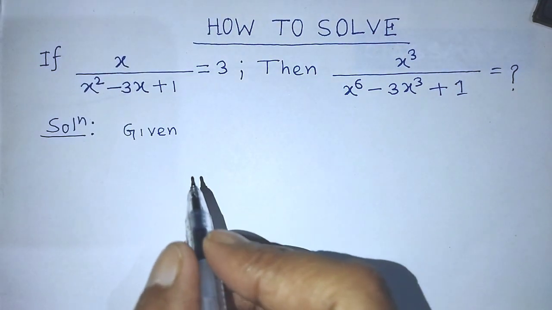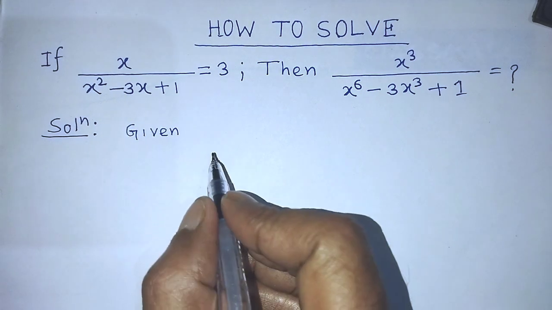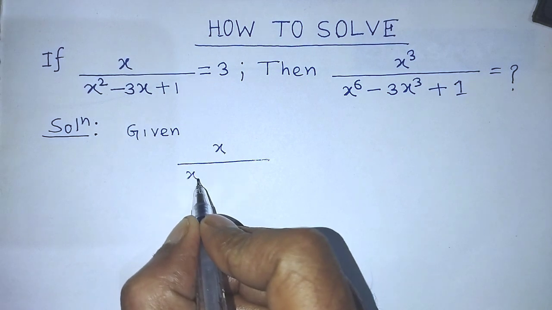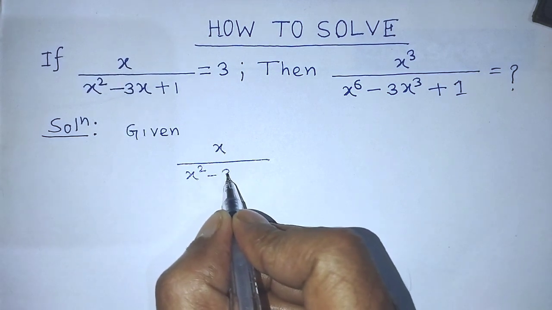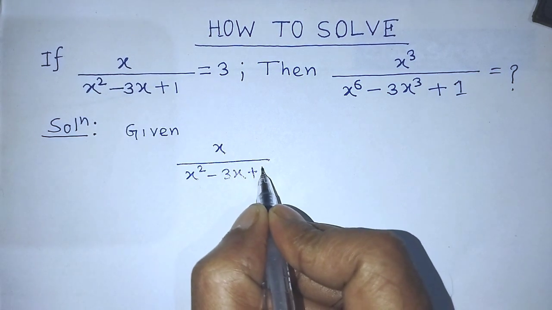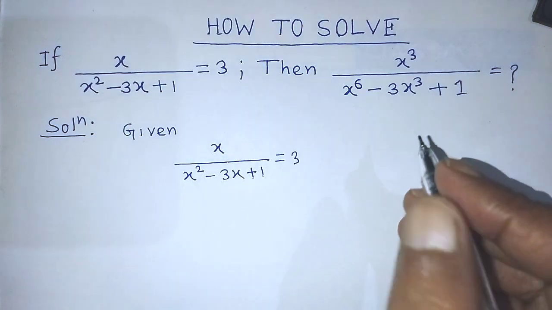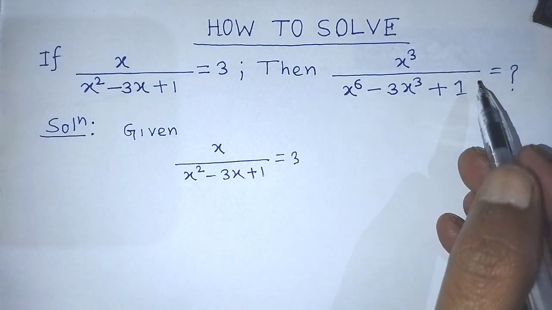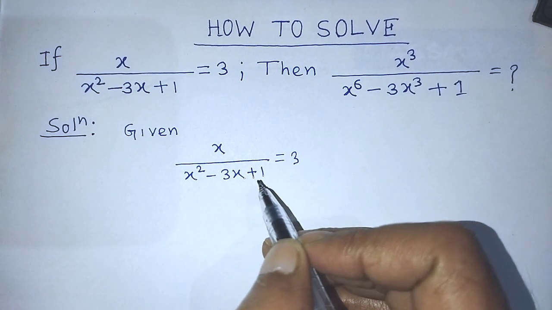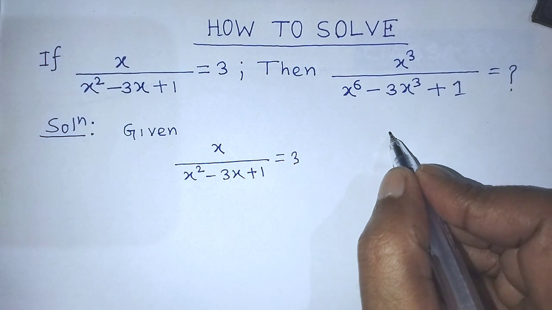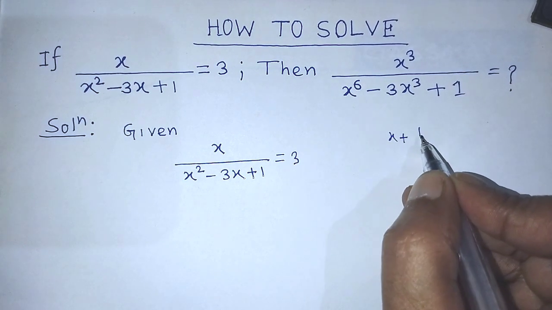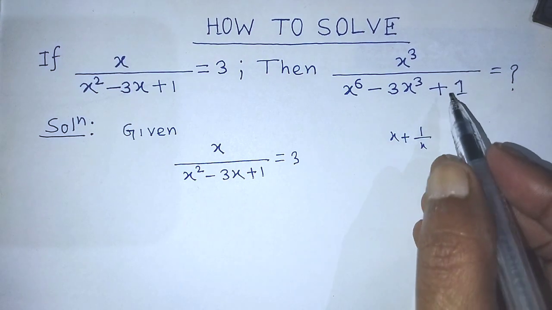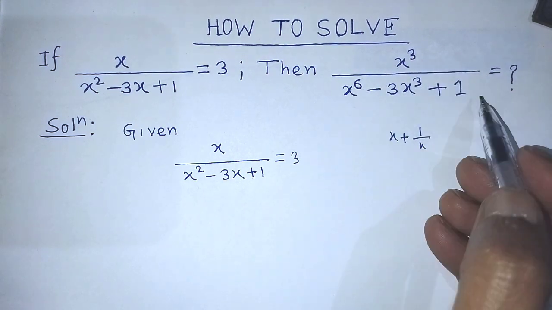So students, our given algebraic equation is x over x square minus 3x plus 1 is equal to 3. To find the value of this algebraic expression from this equation, first of all we have to find the value of x plus 1 over x, then we are able to find the value of this expression.